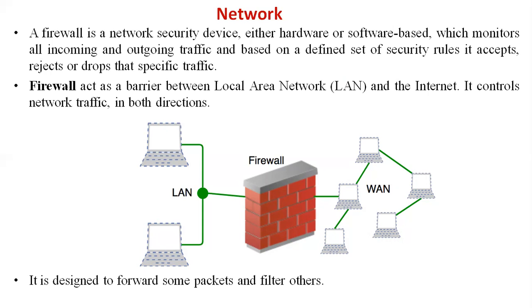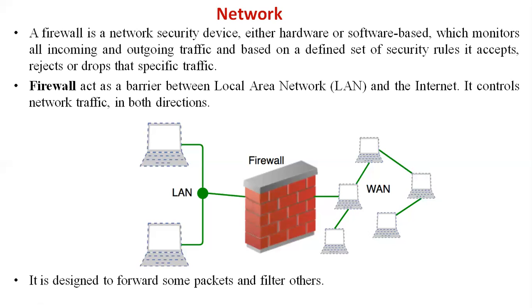So a firewall actually acts as a barrier between the local area network and the WAN, that is, the internet. A firewall can be implemented at the application layer level or at the network layer level.